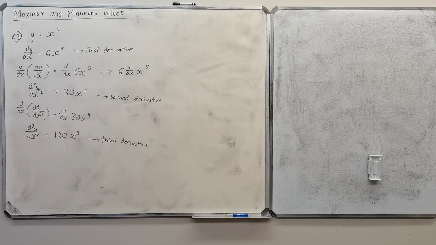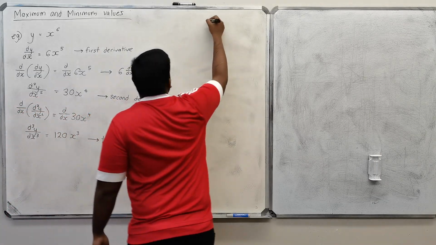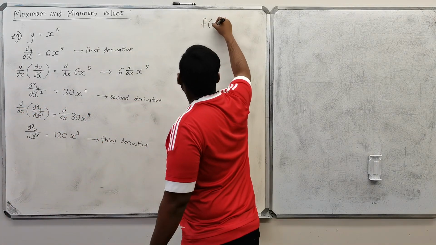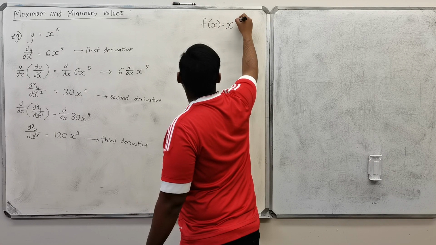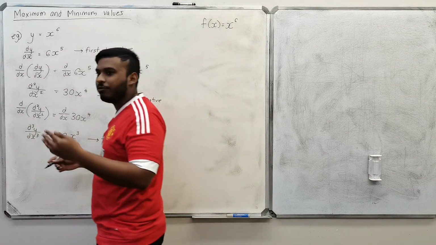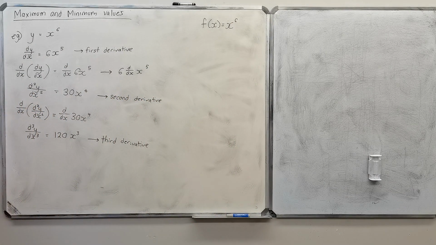On the top of page 223, they're basically telling you that for the same thing, we're just saying that f of x is equal to x to the power 6. Remember, we write it as a function of the independent variable, and your independent variable here is x.